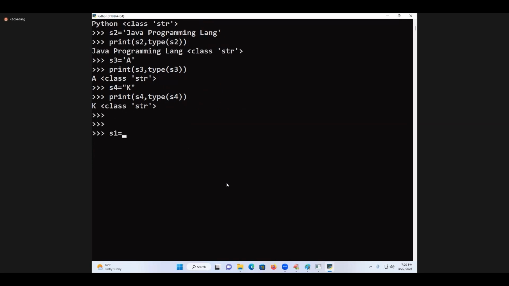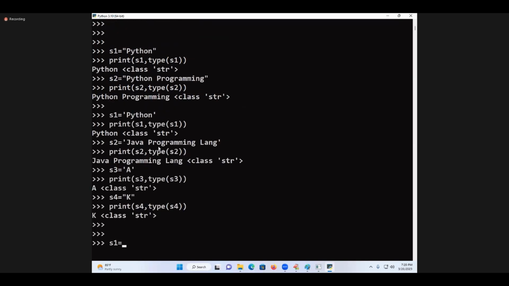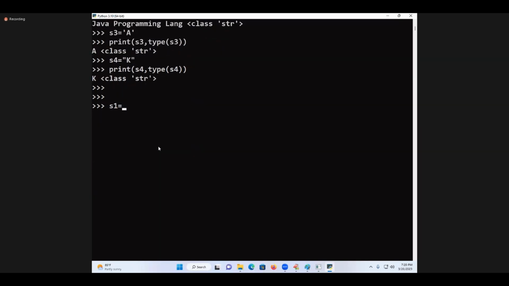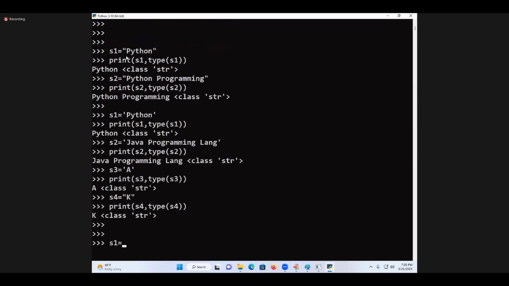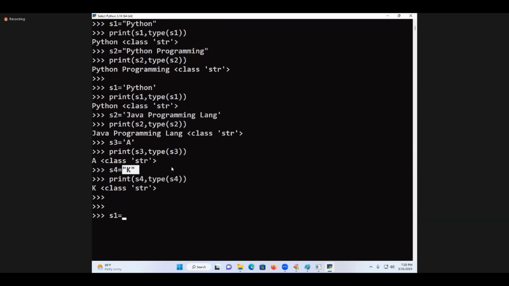Next I am going to take s1 is equal to... up to here clear? Now be careful. Not only string data can be taken; only alphabets you are taking inside double quotes and single quotes. How many notations are there so far? Two: double quotes and single quotes.